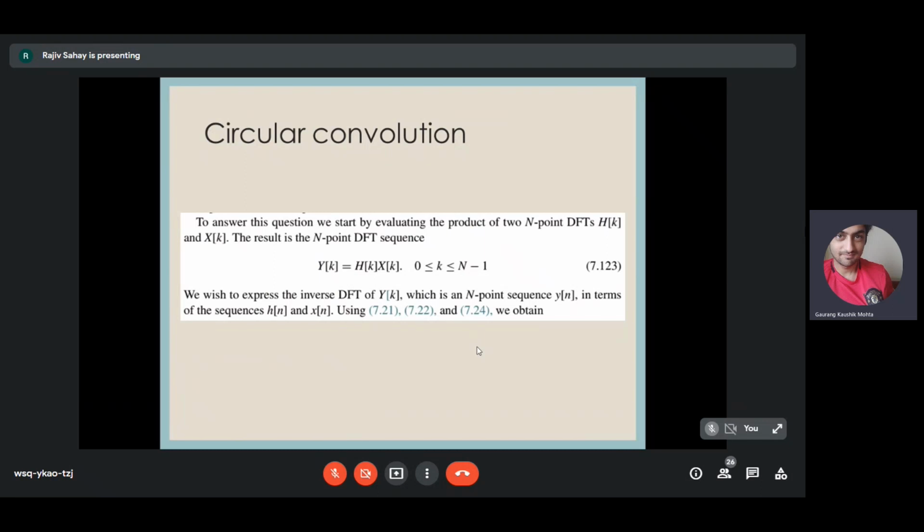Is this clear? So we'll go from basics and we'll try to understand.